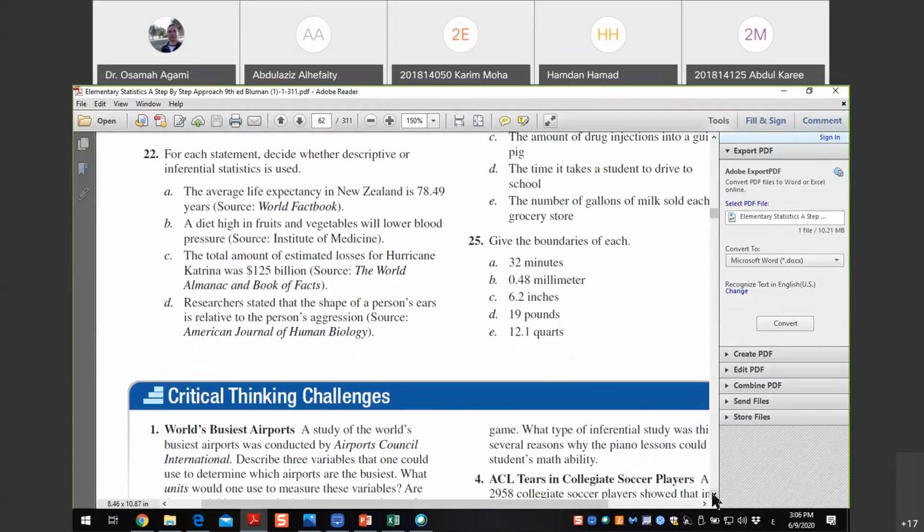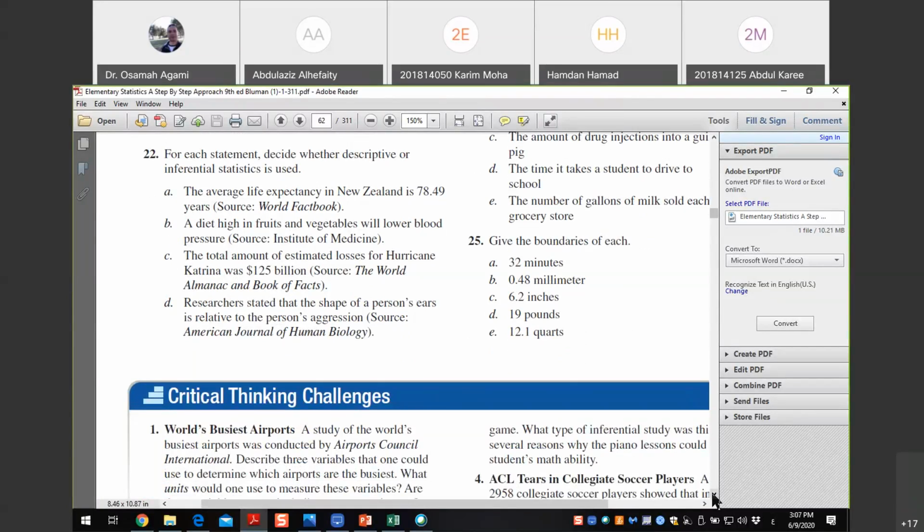23. What is the right answer? For each statement, decide whether descriptive or inferential statistics is used. The average life expectancy in New Zealand is something like this one. Is it descriptive or inferential?